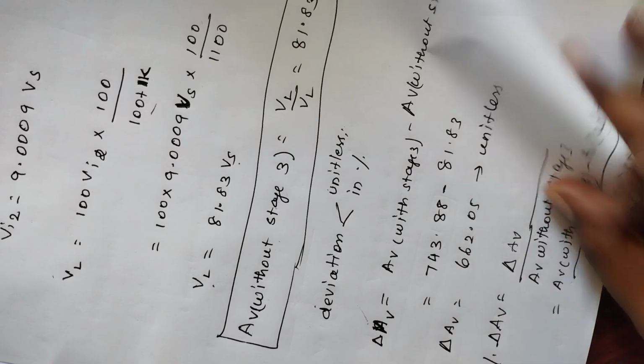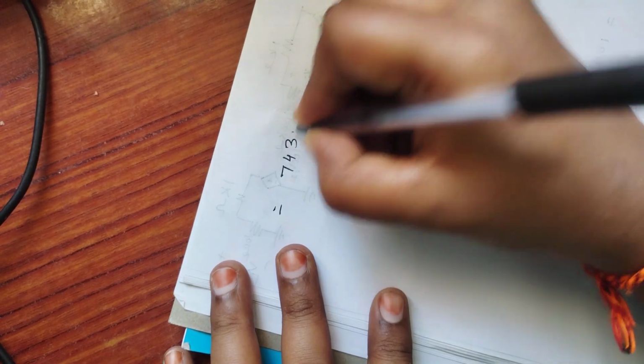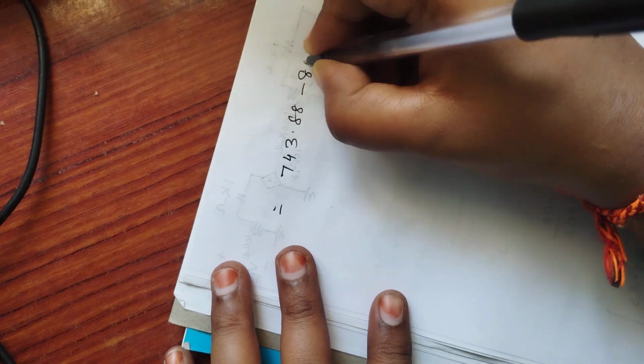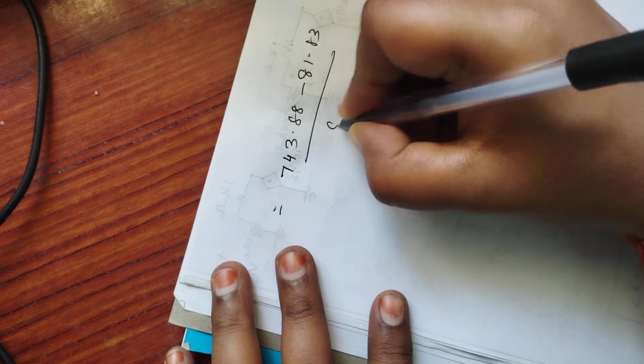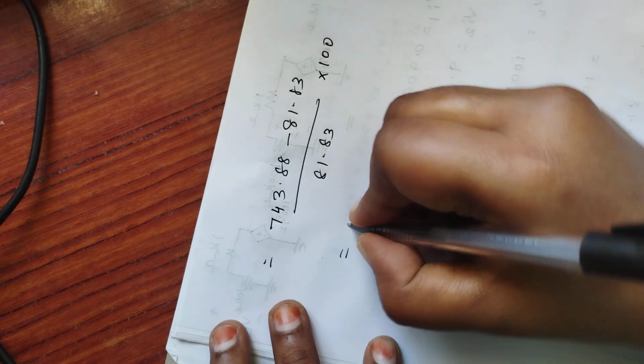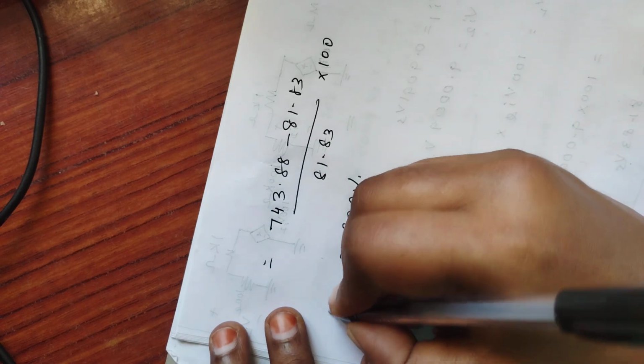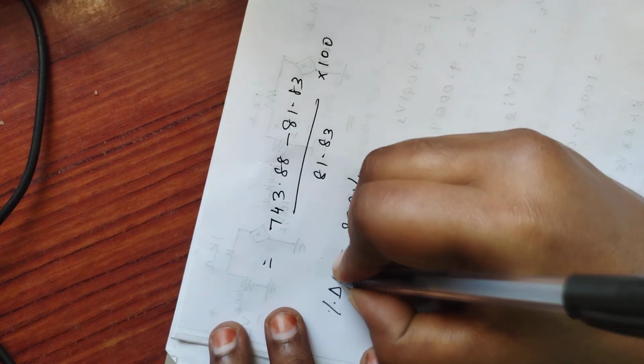Okay, so when we apply the values in this formula, we get 743.88 minus 81.83 divided by 81.83 into 100. So what value are we getting? 809 percentage. So this is del AV.